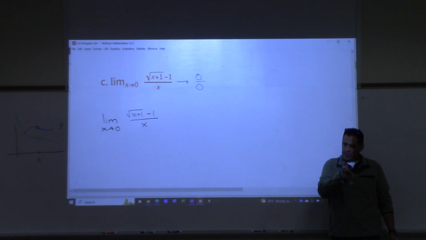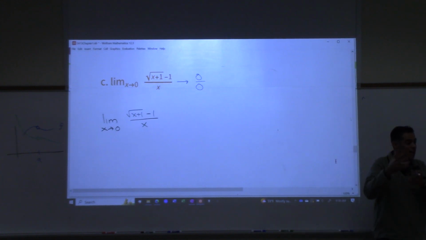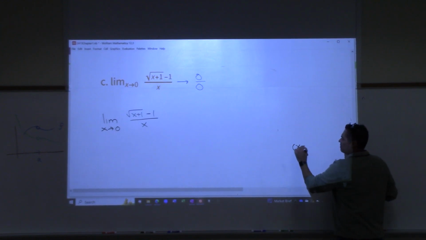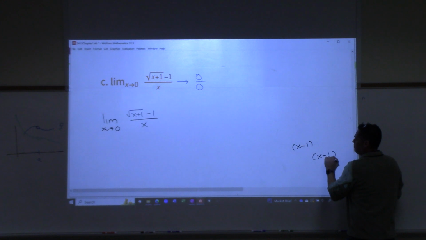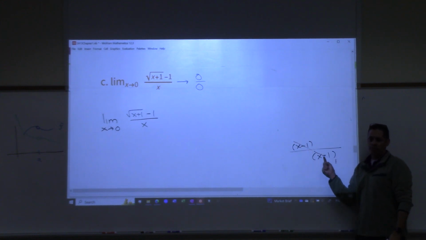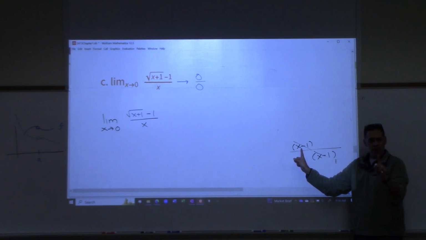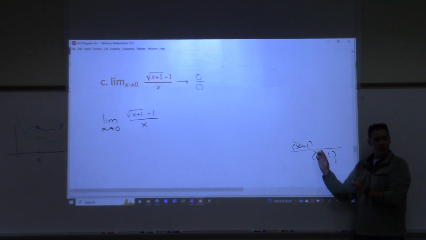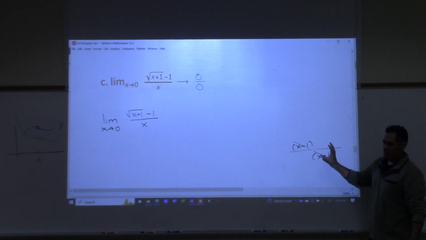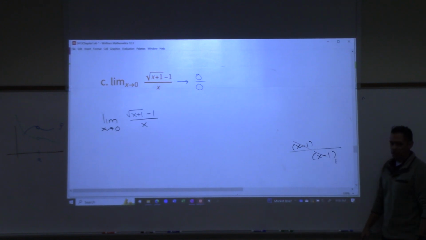If we can cancel something, potentially we could get rid of that whole bad 0 over 0. In the last problem, didn't we cancel that x minus 1, x minus 1? That was the part giving me the 0 over 0. If I plug in 1 here, I get 0, and plug in 1 here, I get 0. Those were the two bad apples in the bunch. We need to get rid of those.